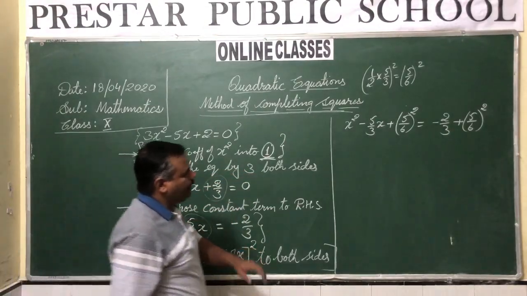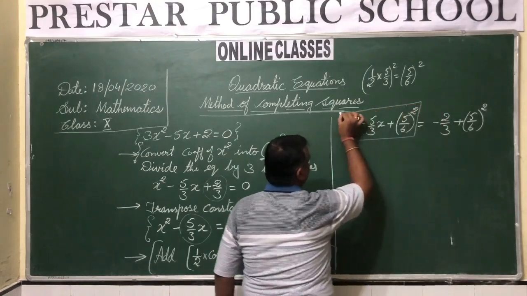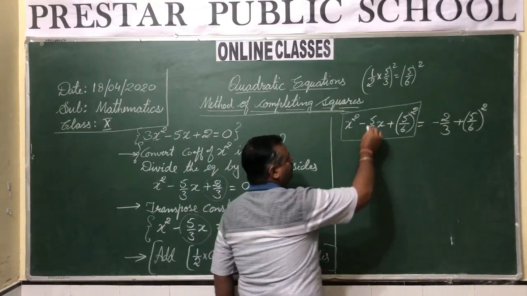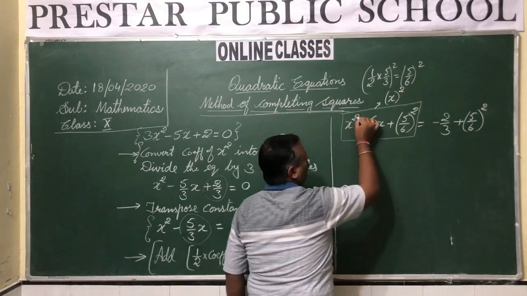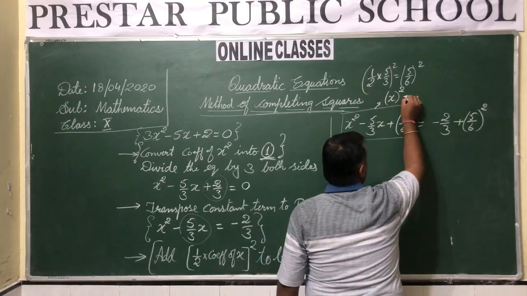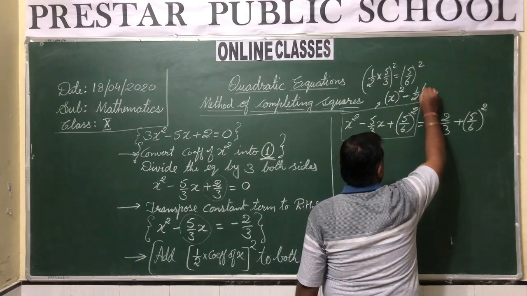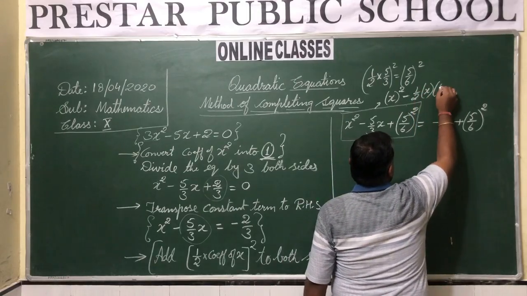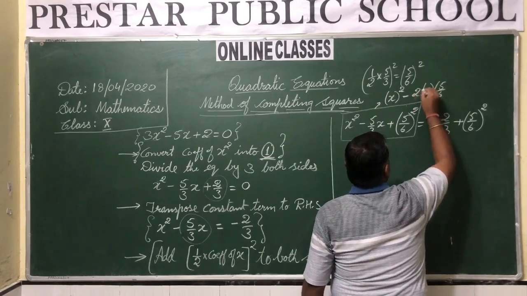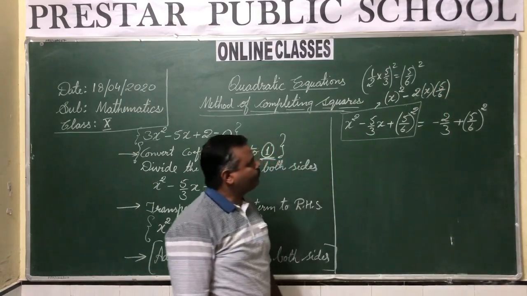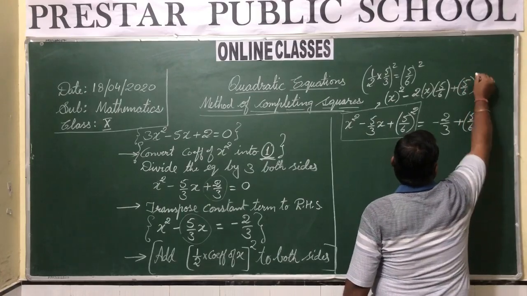On adding this to both the sides, now see what happens. The left hand side can be written in this form: x squared minus, now 5 upon 3 can be written as 2 multiplied by x multiplied by 5 upon 6, plus 5 upon 6 whole square.